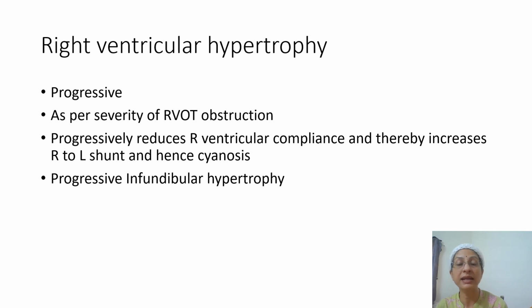It may not be there to that extent at birth, but as the RVOT obstruction increases and infundibular muscular hypertrophy occurs, there is more and more impediment to right ventricular pumping of blood, and therefore more and more hypertrophy occurs. This results in a progressive reduction in right ventricular compliance and thereby increases the degree of right to left shunting and thereby cyanosis. So the baby at birth may not have that much cyanosis, but as he grows, the cyanosis goes on increasing.